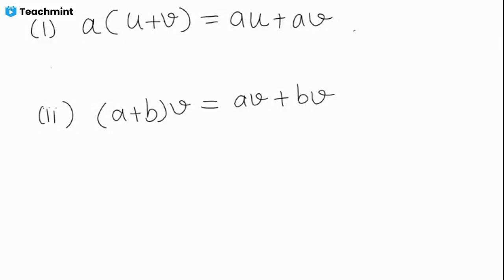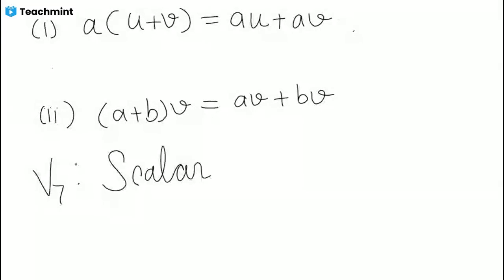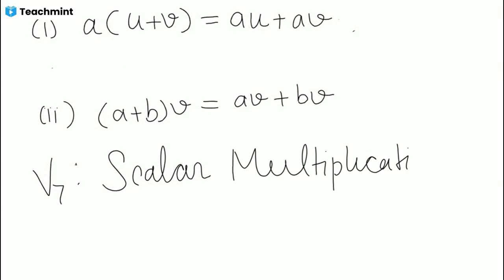One more property we have, V7: scalar multiplication with a vector.